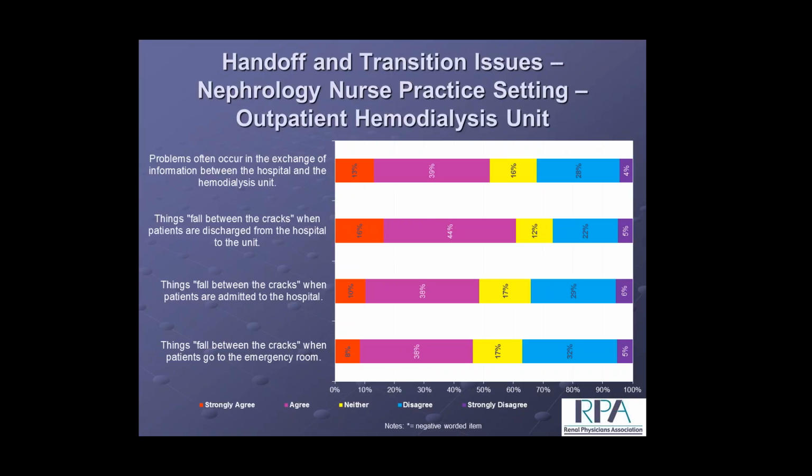Things falling between the cracks when patients are discharged from the hospital to the unit: 60%. Things falling between the cracks when patients are admitted to the hospital: 48% agreed. And things falling between the cracks when patients go to the emergency room, which is what Derek was talking about earlier: about 45% agreed.